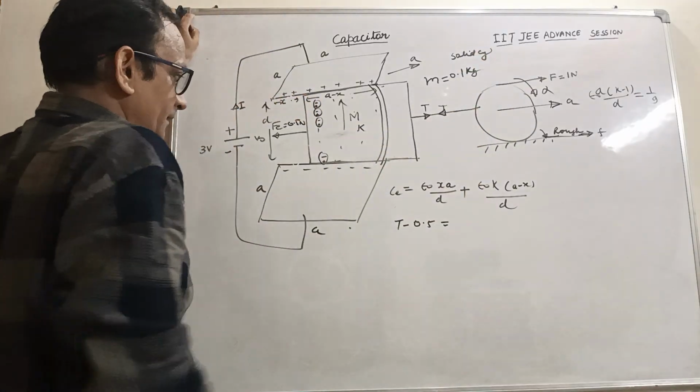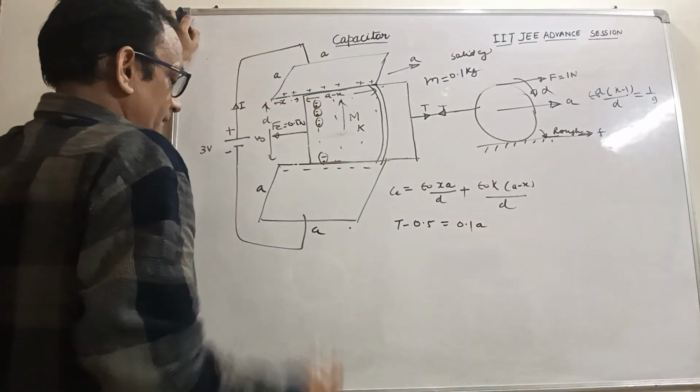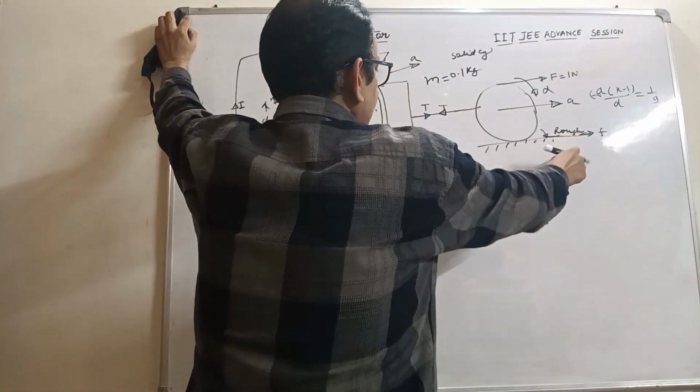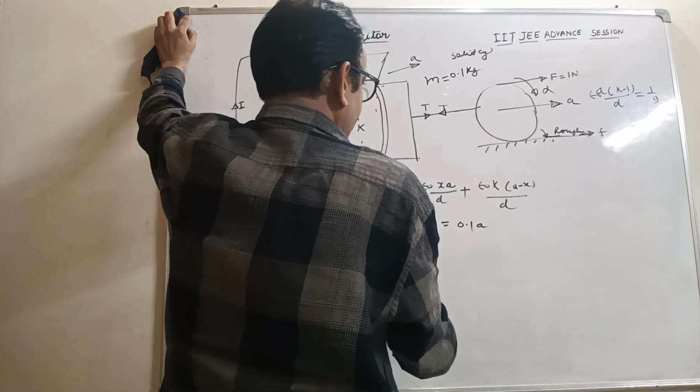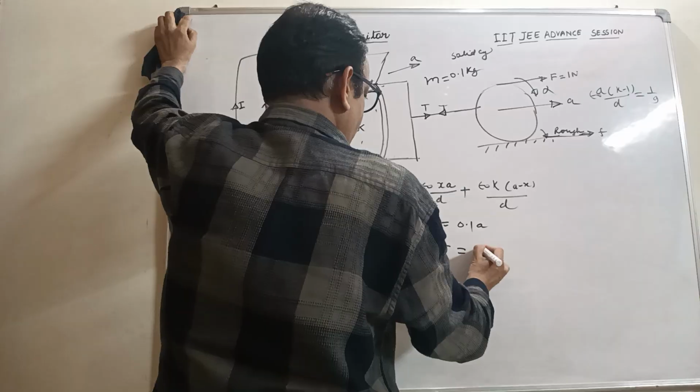This is given. So 0.1 A, this is acceleration, and the second equation is T plus F. F is 1 Newton, 1 plus F minus T is equal to 0.1 A.